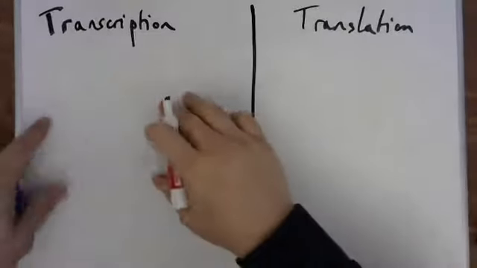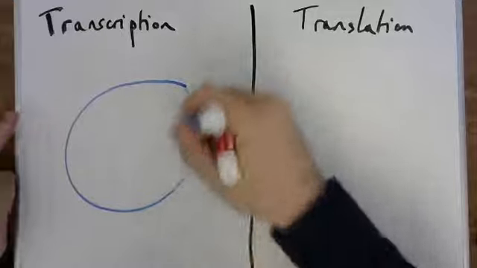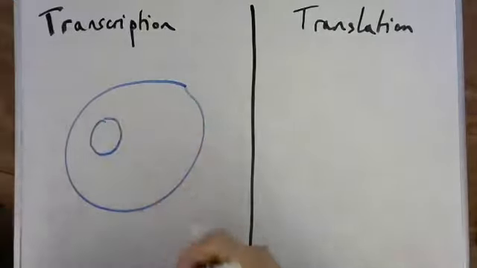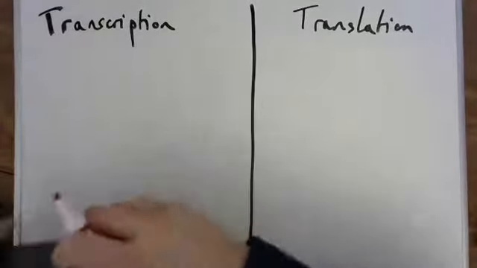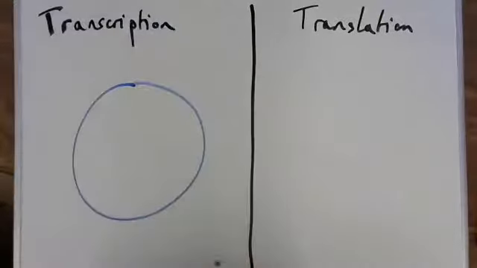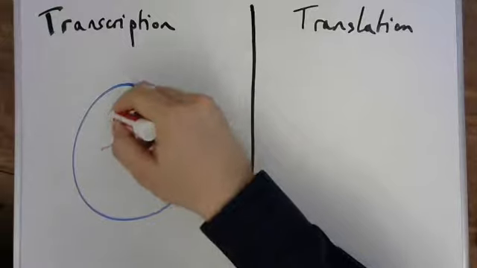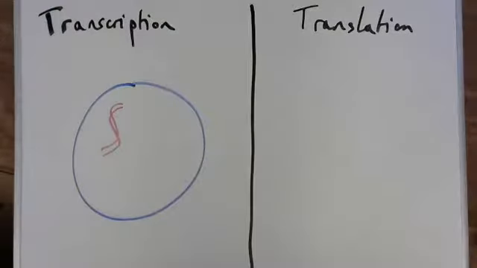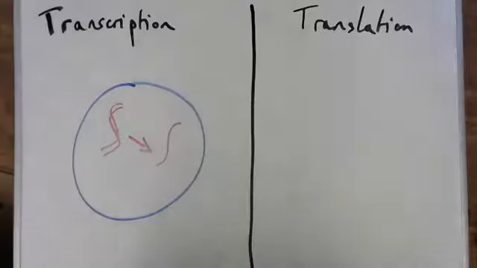Okay, so in transcription, if you take a look at your cell, and you have the nucleus in there, transcription is all in the nucleus, right? So let's make our nucleus. Let's imagine we're going to zoom in on the nucleus, and we're going to say this is a nucleus now, right? In the nucleus, you have DNA, double-stranded pieces of molecule, and it's all about going to a single-stranded molecule.